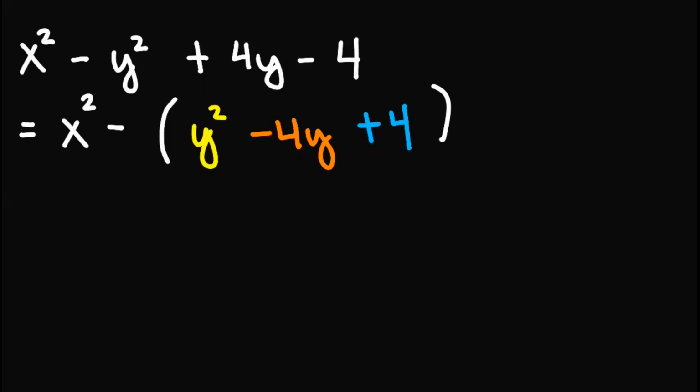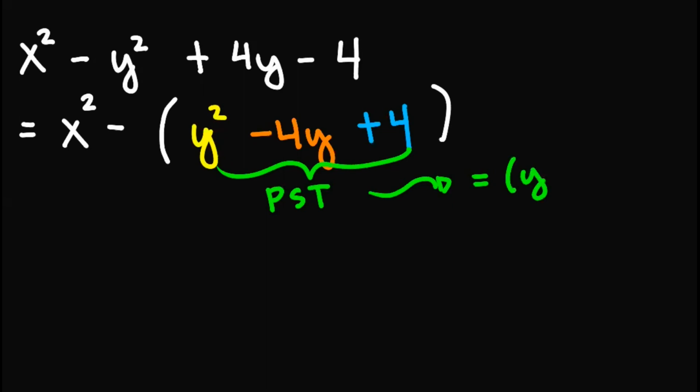Now observe here that this one is actually a perfect square trinomial. So you can verify that through perfect square trinomial, this trinomial is equal to y minus 2 squared.